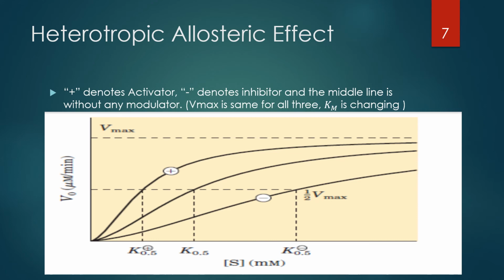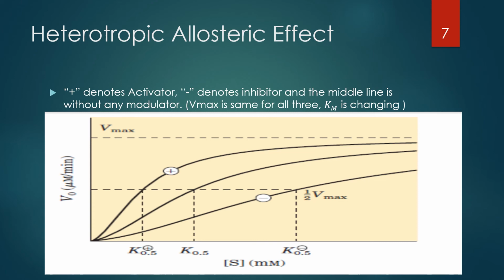The middle line you see is the one, if you remember, for when there is no modulator. It is a simple enzyme substrate reaction following the Michaelis-Menten equation. The plus that you see is for the activator, and the minus is for the inhibitor. So as we know, for the plus the rate should increase, for the minus the rate should decrease.